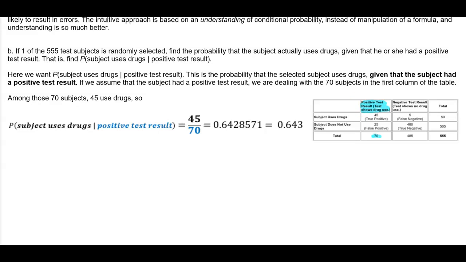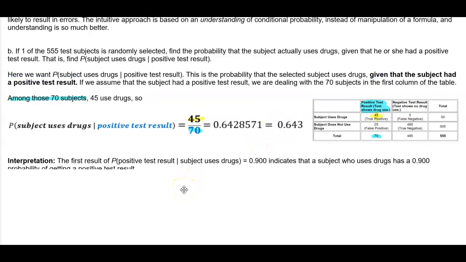So among those 70 subjects, how many had a positive test result and use drugs? Going back over here, the number of subjects who use drugs and had a positive test result is 45. So it's going to be 45 over 70, which gives us 0.6428571, which rounding to 3 decimal places gives us 0.643.